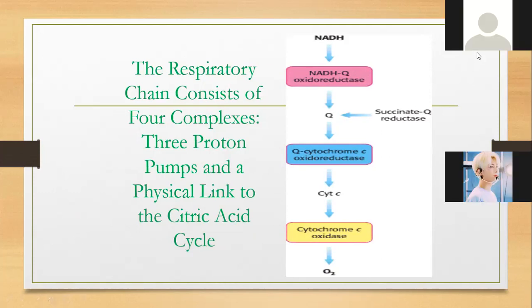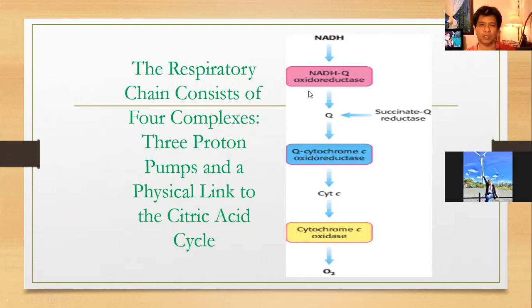So bakit ganito yung pangalan ng enzyme? NADH Q oxidoreductase. Kasi di ba tandaan nyo pa yung GEROA, LEORA? GEROA: when you gain electron, the species is reduced, and that's the oxidizing agent. Pag LEORA naman, when it lost electron, it is oxidized.